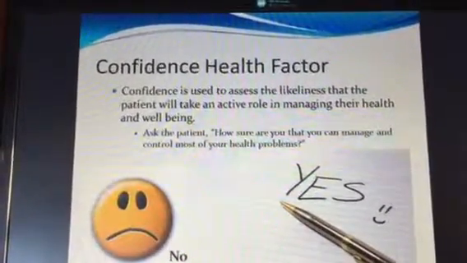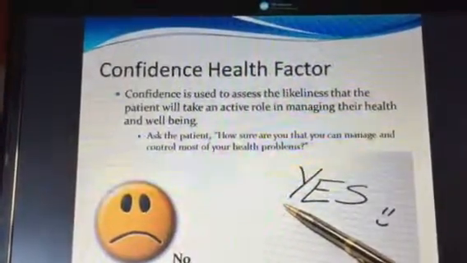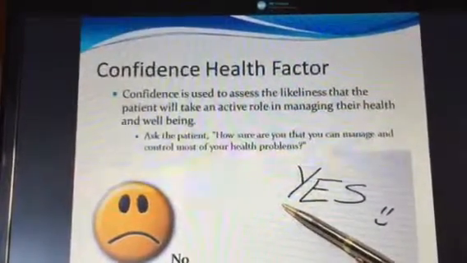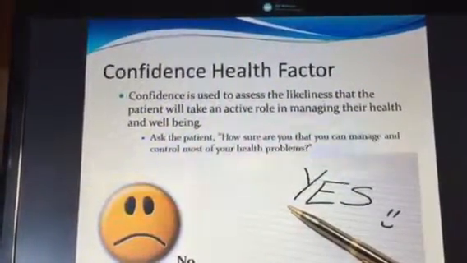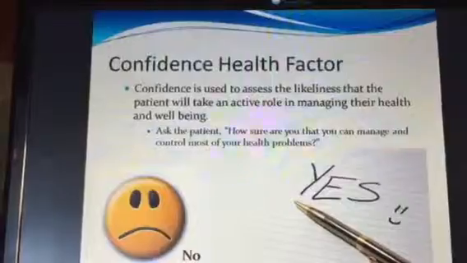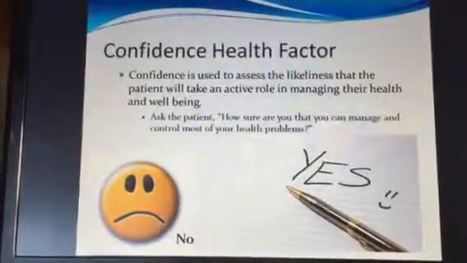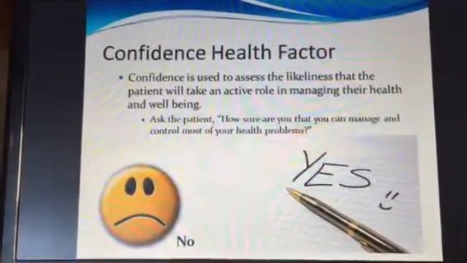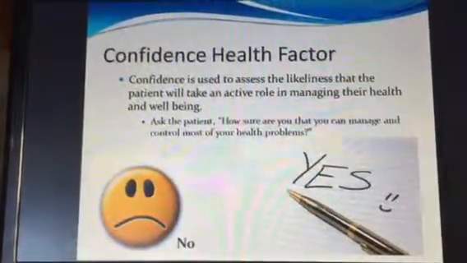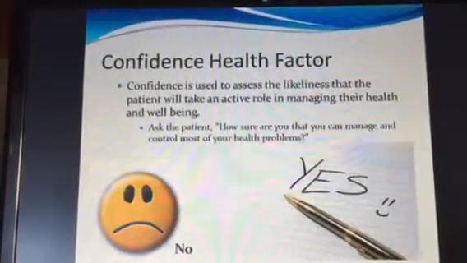And another big factor is confidence. Confidence is used to assess the likeliness that the patient will take an active role in managing their health and well-being. It is very interesting. If people don't have confidence in themselves, they definitely don't have confidence about their health. Especially if they have diabetes or something along those lines.